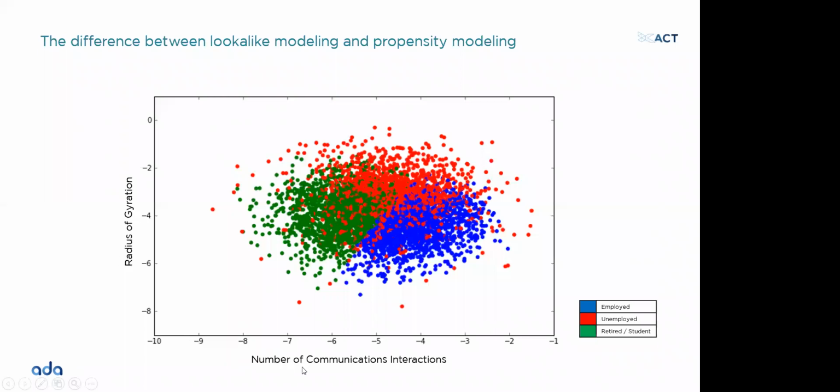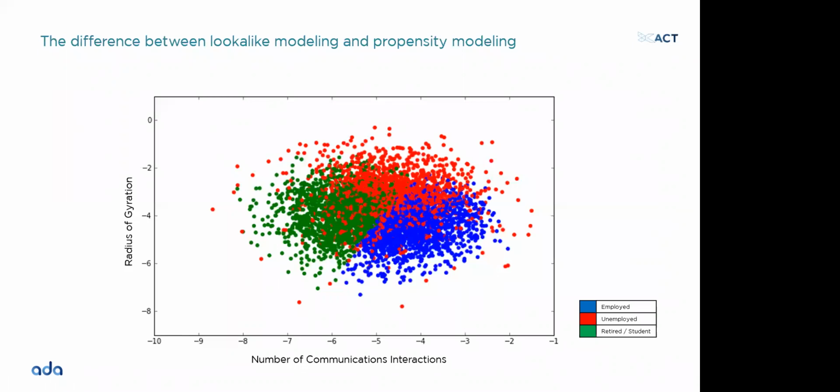So attribute number one is the number of communication interactions and attribute number two is the radius of gyration. The number of communication interactions is how many people this device is actively communicating with. And the radius of gyration is how far this device is found moving within its range of motion.